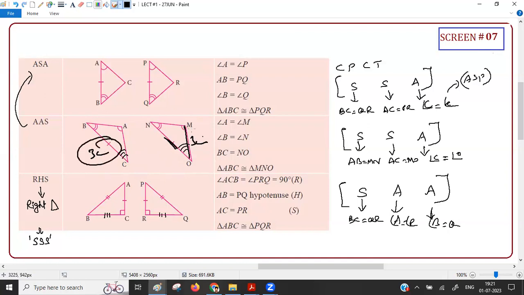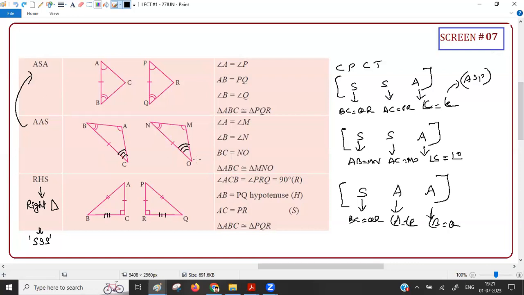No, that side must be the corresponding side. This is between the second and third angle, so this is between the first and second. No, this is not the corresponding side. So please remember, when I say that the side can be outside, here also the side is in the same place, not somewhere else. Are you clear?